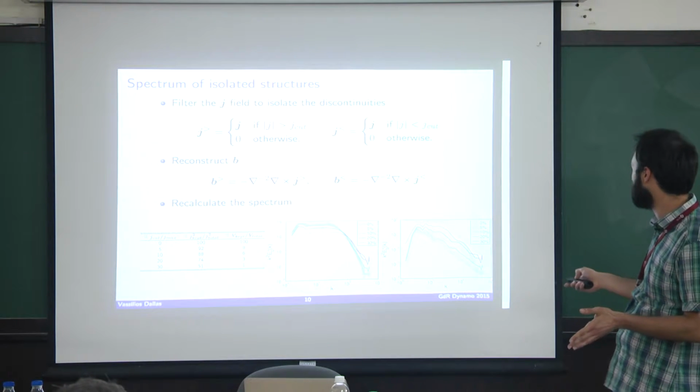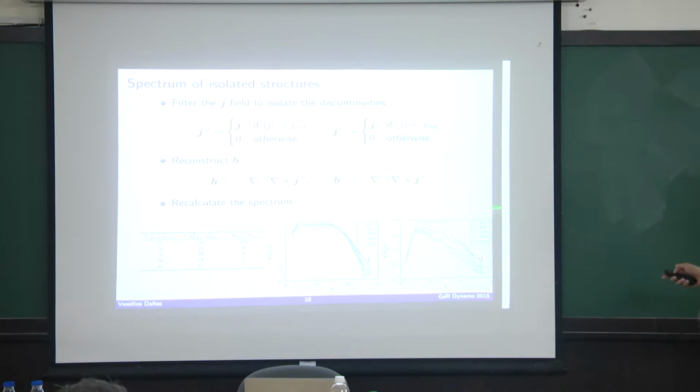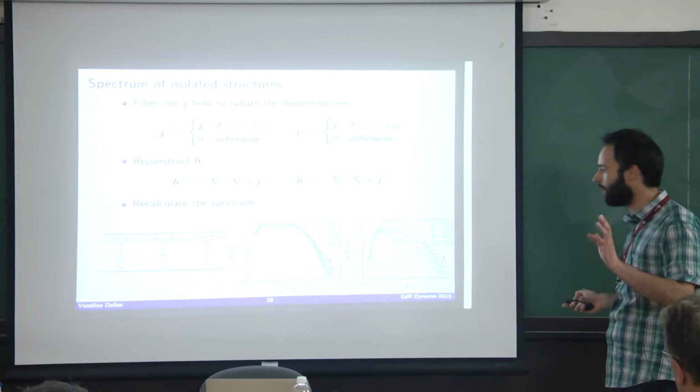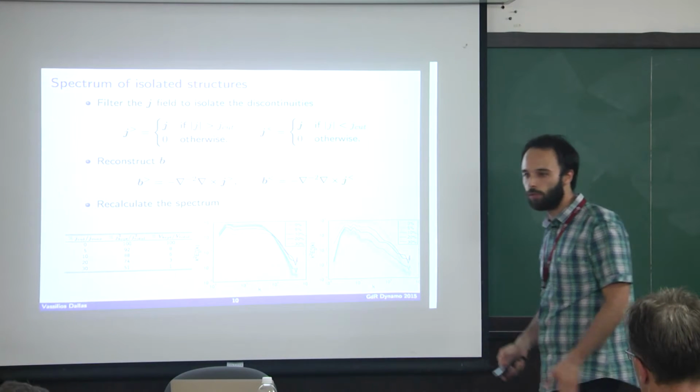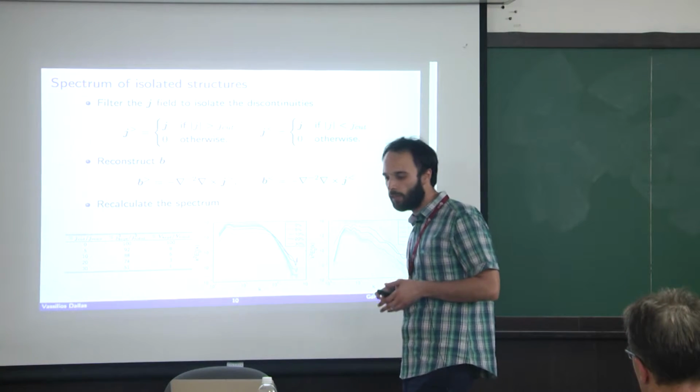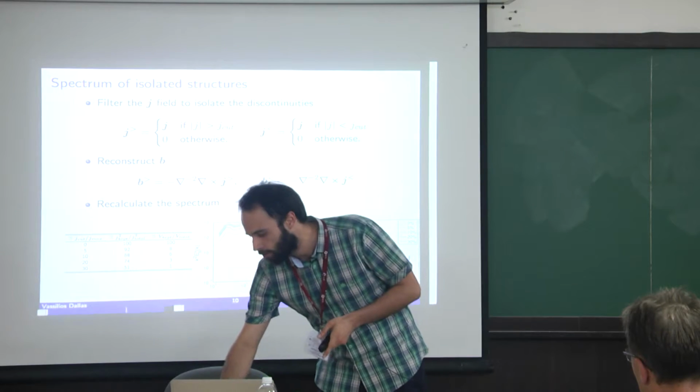But here, I think it is more striking when we just do the low-pass filter. Basically, we have only 8% of the dissipation and 92% of the total volume, and that gives us a power law that is far away from -2. So it is clear that the -2 spectrum comes from these discontinuities.